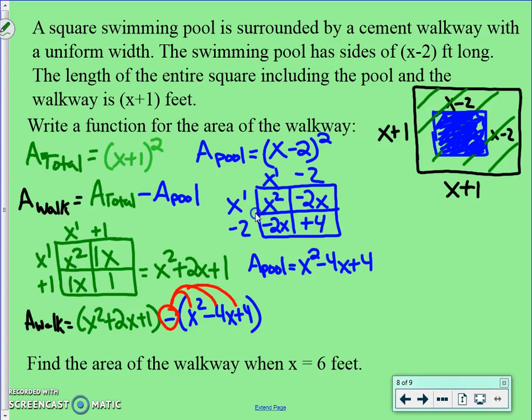What we'll end up with is x squared plus 2x plus 1 minus x squared plus 4x. We flip the signs again. That is our goal here. Minus 4.